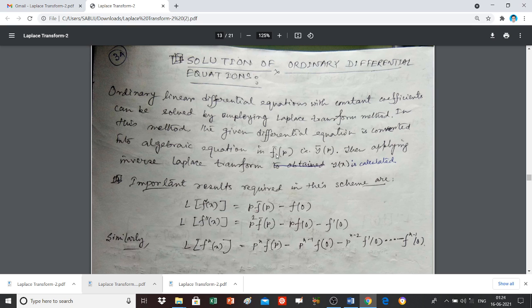If their Laplace transforms are F(p) or Y(p), then the given differential equation is first converted to a subsidiary algebraic equation of F(p) or Y(p).